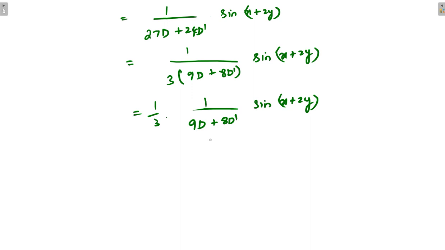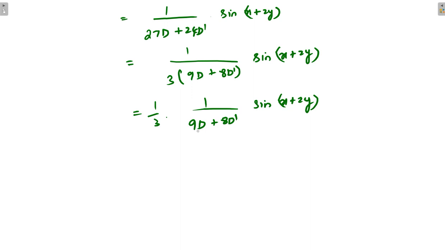Then only you can substitute and find out the solution. So now, for increasing the degree power of D and D dash, I am going to multiply D in the numerator as well as the denominator in this term. Then only you can apply the values for D square, right?